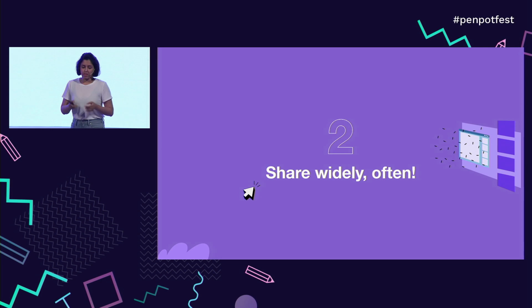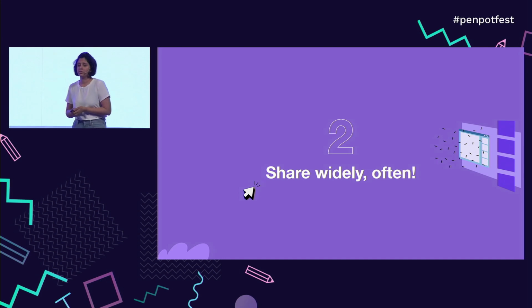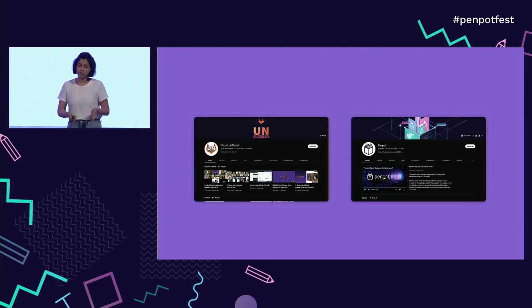The next one is share widely and share often. Even if a product or an organization is saying they're open, the openness means nothing if things are not discoverable to the world outside. So it takes an extra effort to make sure that what you are working on is visible to the world outside. And again, the YouTube channels.